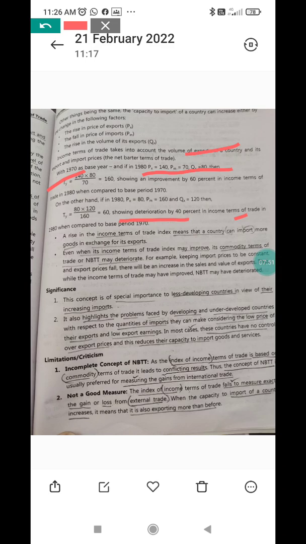Even when its income terms of trade index may improve, its commodity terms of trade, or NBTT, may deteriorate. How?